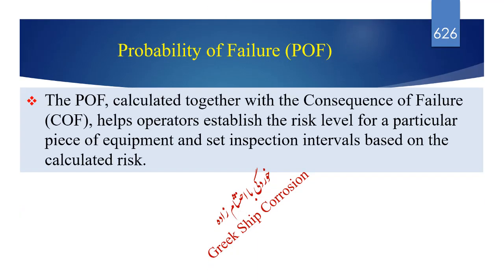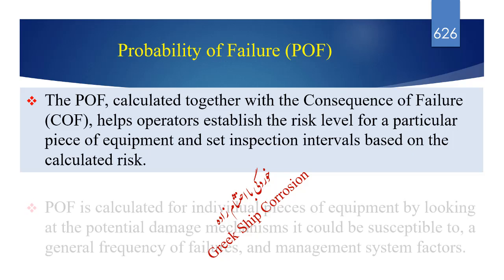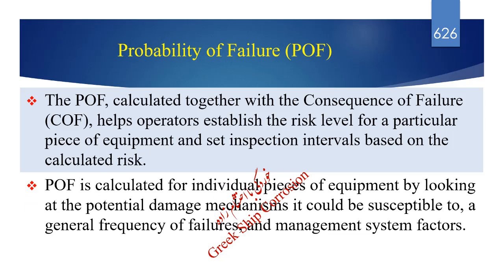The POF calculated together with the consequence of failure, or COF, helps operators establish the risk level for a particular piece of equipment and set inspection intervals based on the calculated risk. POF is calculated for individual pieces of equipment by looking at the potential damage mechanisms it could be susceptible to, a general frequency of failures, and management system factors.